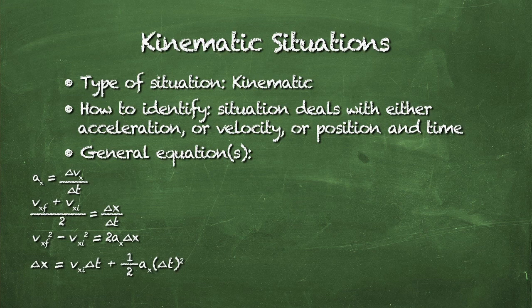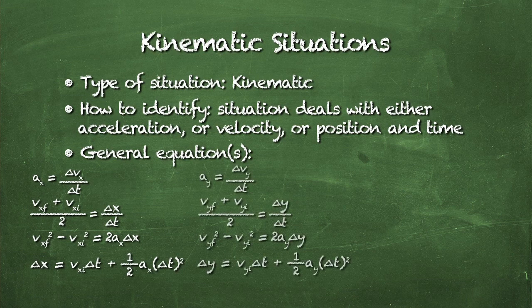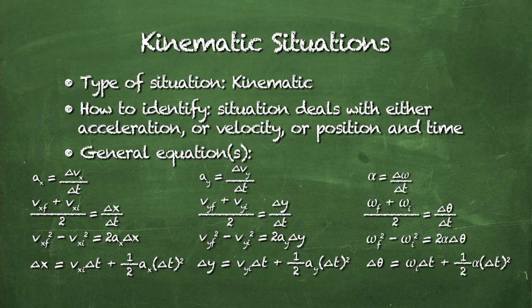And then we have exactly the same equations for y, the same 4 equations, and we have exactly the same equations for rotation, where we just change from our translational or our linear acceleration to rotational acceleration, translate from linear velocity to rotational velocity, and so on.